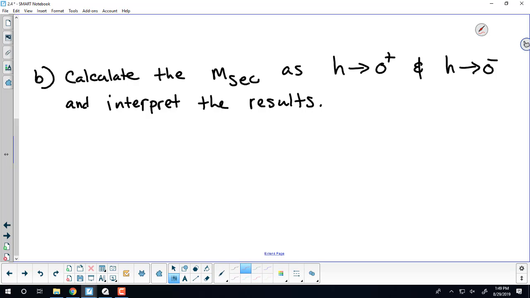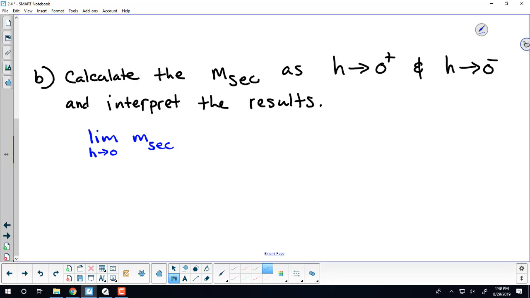We'll write this down again. If I compute the limit as h approaches 0 on the slope of the secant line, what is that going to give me?